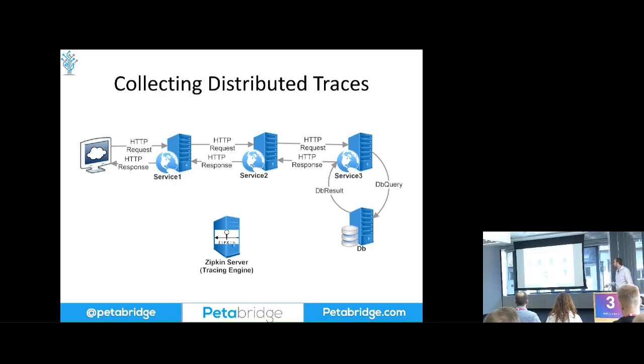Service 1 is going to send a downstream request to service 2, and service 2 might do some other work under the covers that service 1 doesn't really have a lot of visibility into by default. And service number 3 is going to be doing a little bit more data-intensive stuff. Might be retrieving some data from SQL Server or Mongo or whatever. And we're going to use that data to complete service 2 and service 1's requests upstream, right?